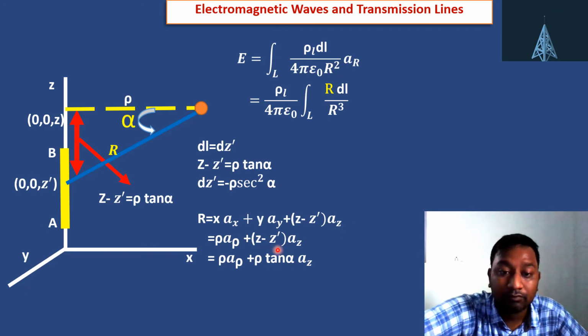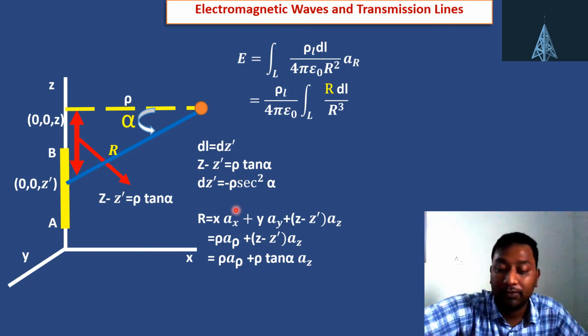We know the value of z minus z dash is rho tan alpha. So we can put rho arrow plus rho tan alpha az. This part is clear, so we are getting these two vectors.